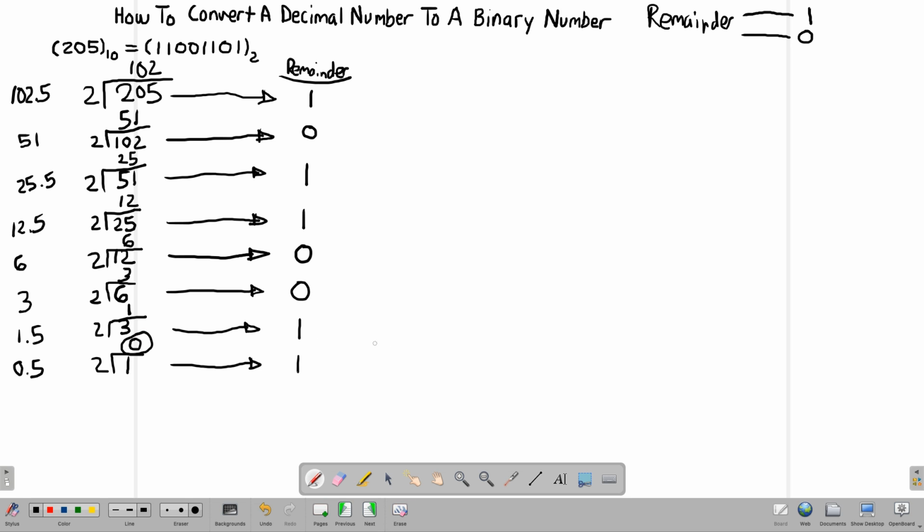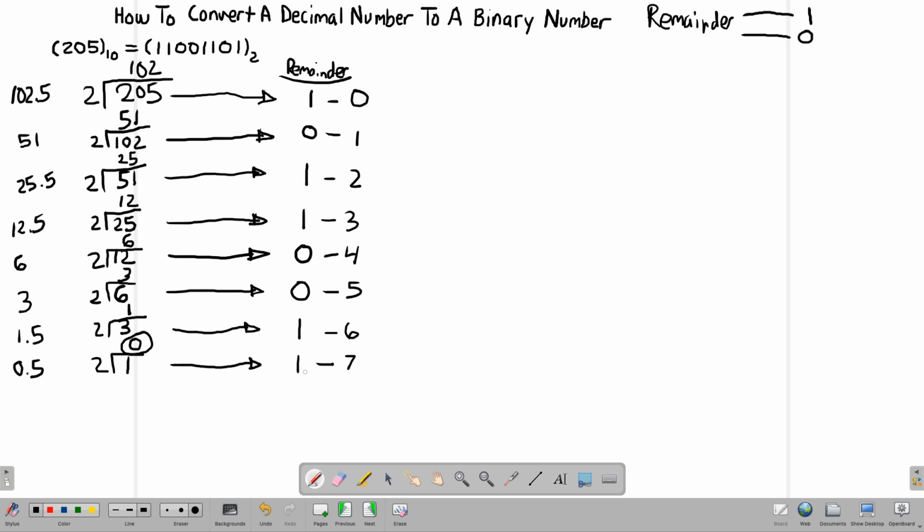And what we can do is start to convert. This represents position 7. This is 6. This is 5, 4, 3, 2, 1, and 0.